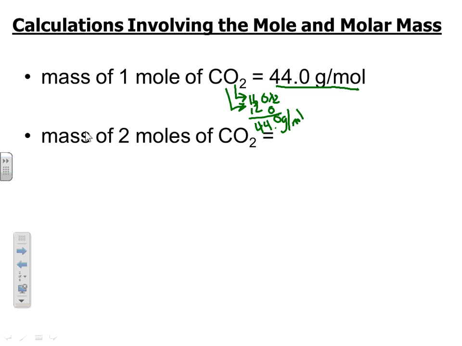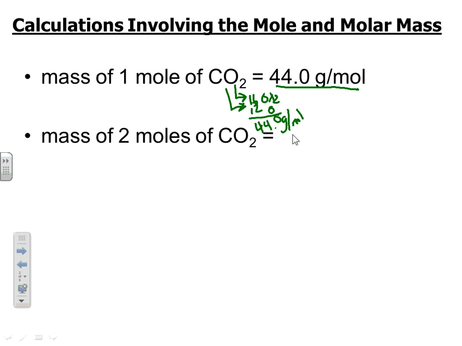So what would be the mass of 2 moles of carbon dioxide? Well, I don't think it's a stretch to think that if 1 mole is 44 grams, then 2 moles would have to be, pause for thinking. Oh, and I'll assume Amy would put up her hand, and I'd say, okay, Amy, what is it going to be?